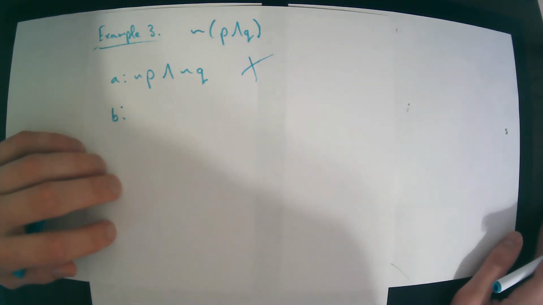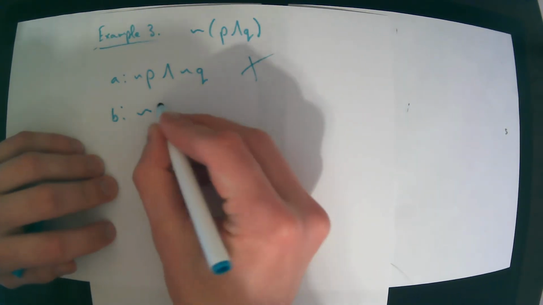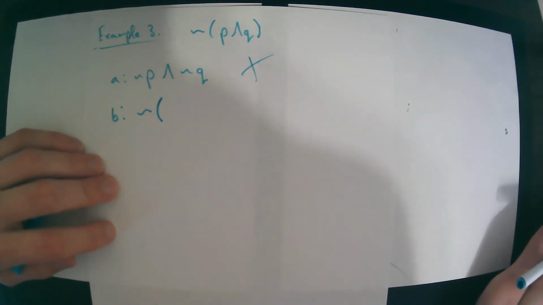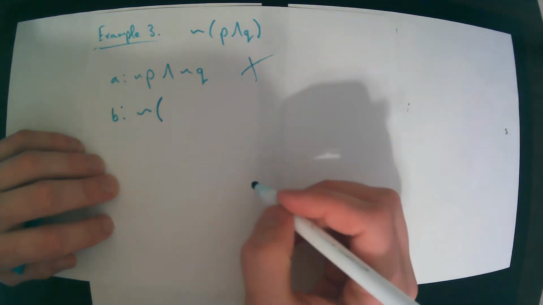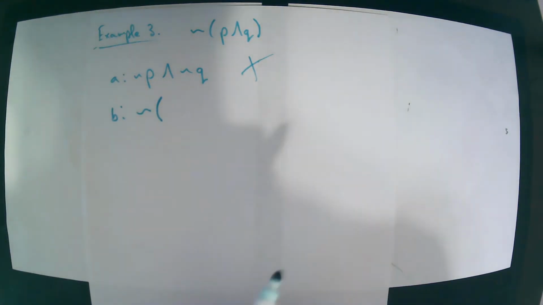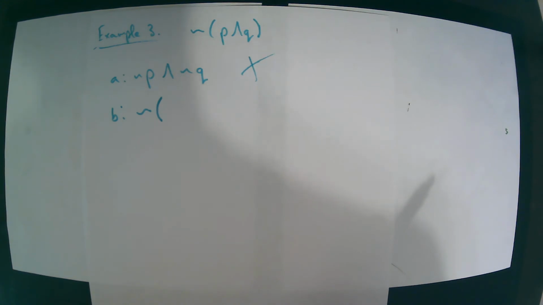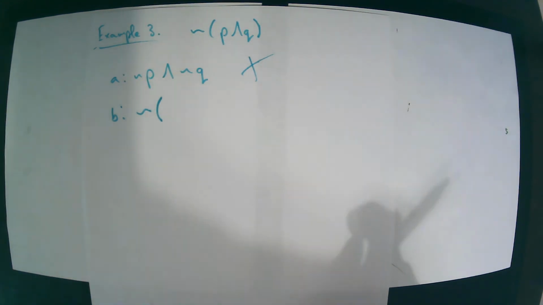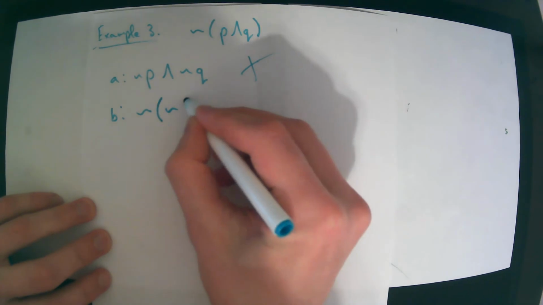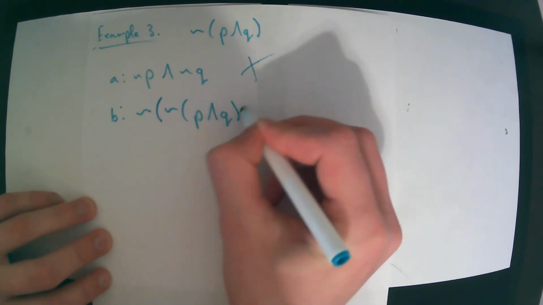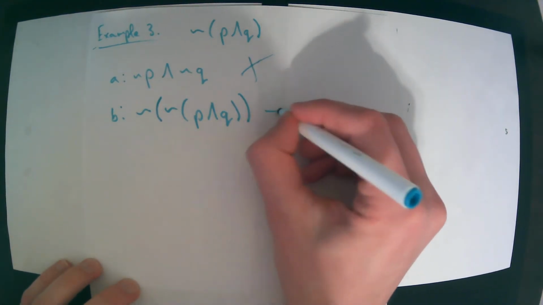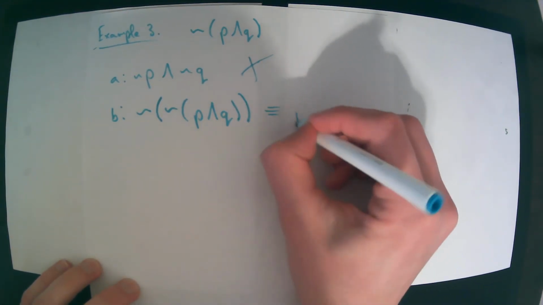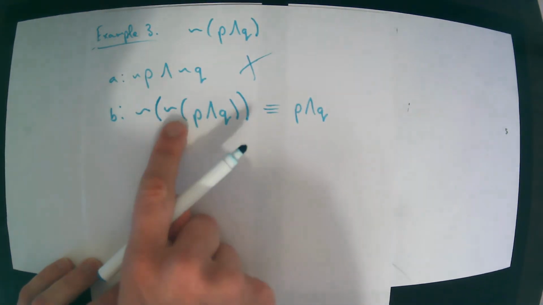B is, it is not true that, okay, so I know that's a big negation wrapped around something. It is not true that Jack and Jill did not go up the hill. How would I write that? I think it's this, which would actually just be logically equivalent to P and Q. In other words, the negations are going to cancel each other.